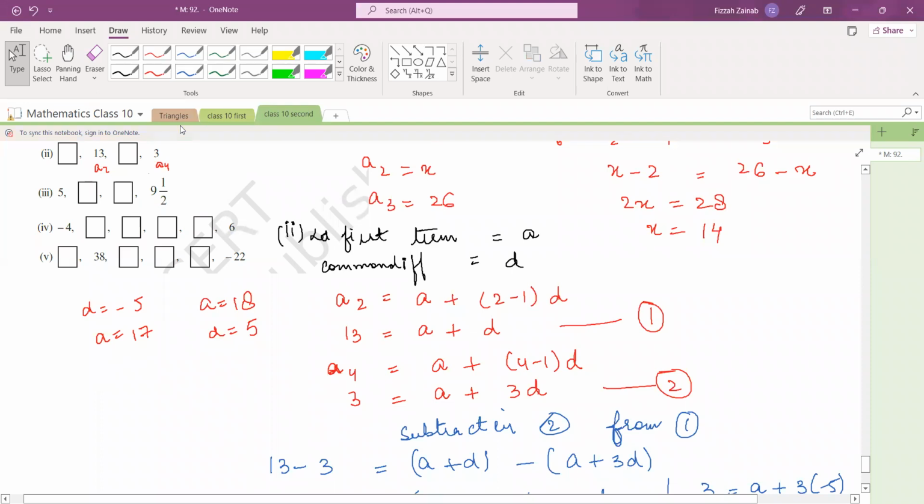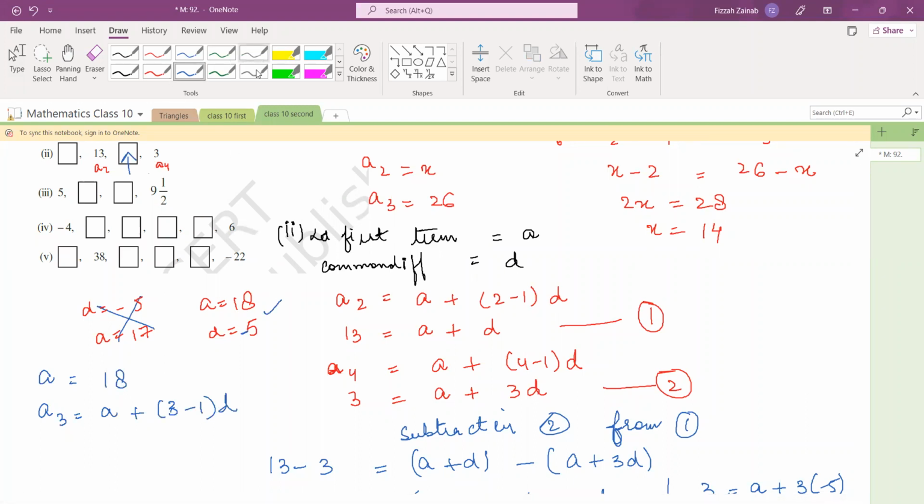So A1 is basically a, which is 18, and d is minus 5. So this is correct. Another missing term here is A3. For A3 you can just use the formula a plus (3 minus 1) into d. Now put a and d and find out.